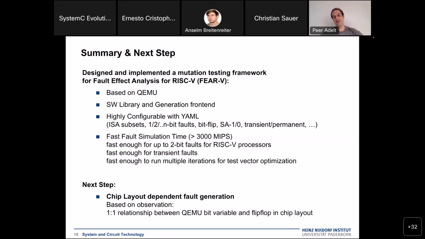Let's say not in every case, but it's so fast that for some scenarios you can do transient fault simulations. And it's fast enough to do an evolutionary approach to iterate over and over again to gradually improve the test software that you've found so far.